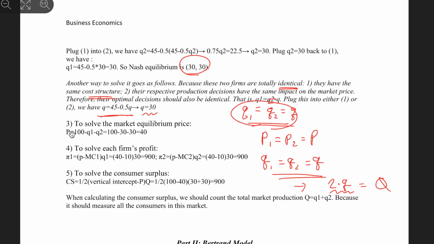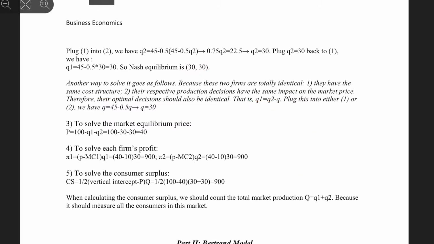Right? And number 3, to solve the market equilibrium price, what can we do? We're going back to the demand curve. What was the demand curve? P equals 100 minus big Q, or 100 minus (Q1 plus Q2). What was the quantity for Firm 1?